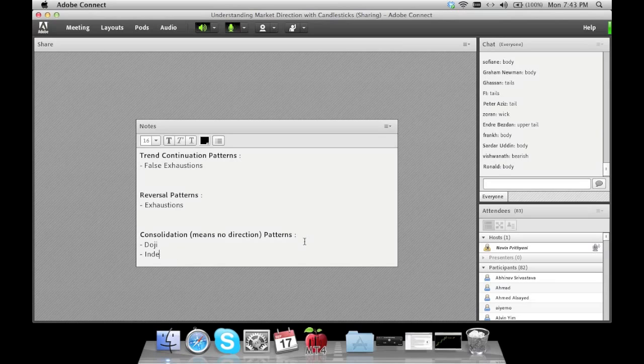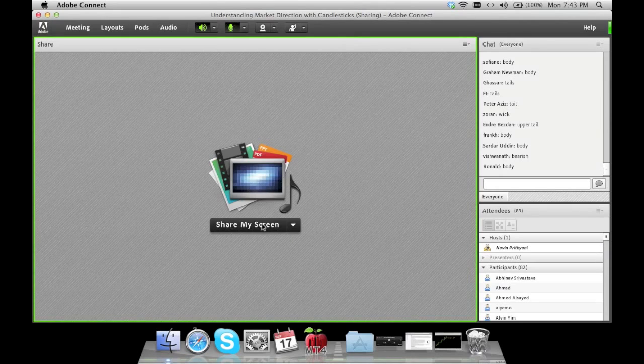Am I spelling this wrong? Indecision. So we'll get into these. I'm going to put this on the side, and let's get back to the screen sharing.